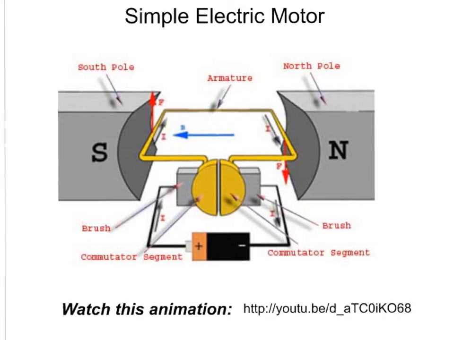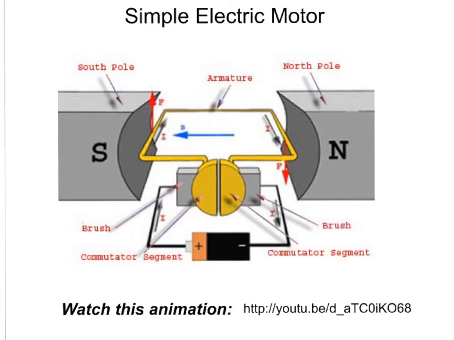The commutator and the brushes form a closed circuit between the battery and the coil right here. So when there is current running through the coil, the forces between the coil and the permanent magnet right here cause this coil to rotate.